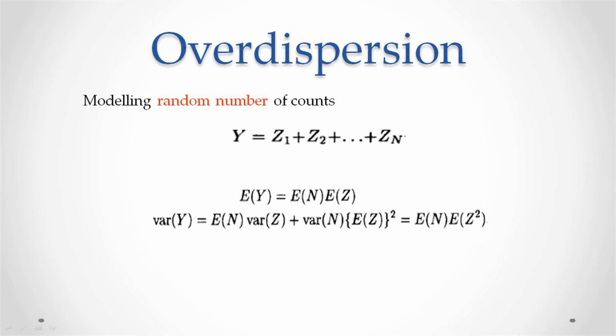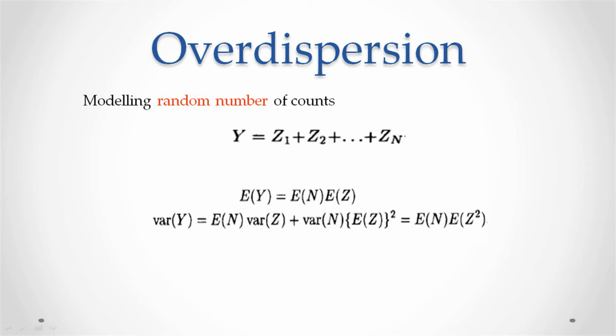The first is where we are modeling a random number of counts. So let us assume that Z1, Z2 to Z capital N are all counts, and we are looking at their sum y equal to Z1 plus Z2 plus up to Zn.